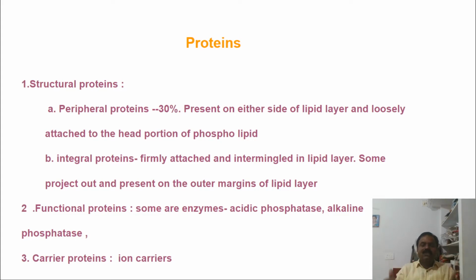Those ions are carried into the plant by this plasma membrane with the help of proteins present in the plasma membrane. Some proteins carry the ions present outside the plant, in the soil, and they are also useful for the movement from one cell to another cell.